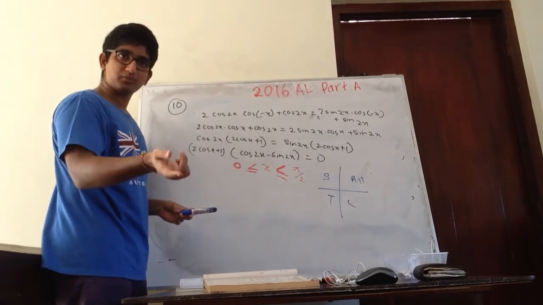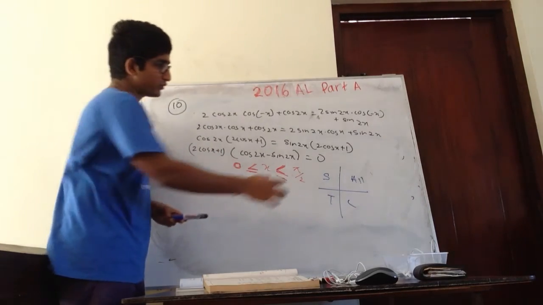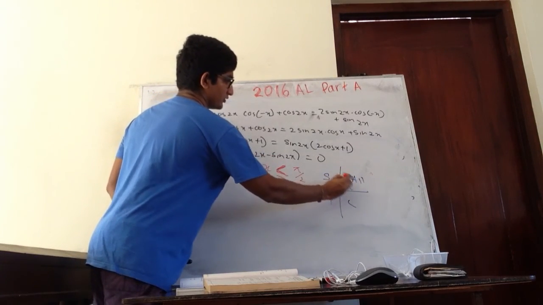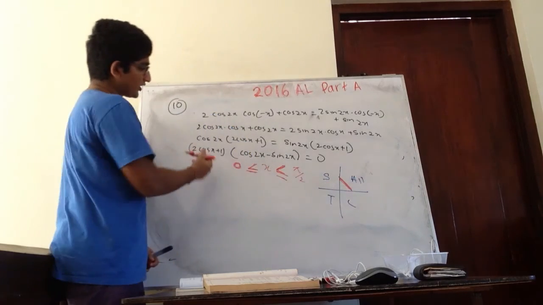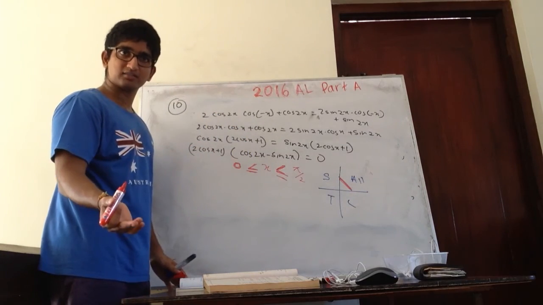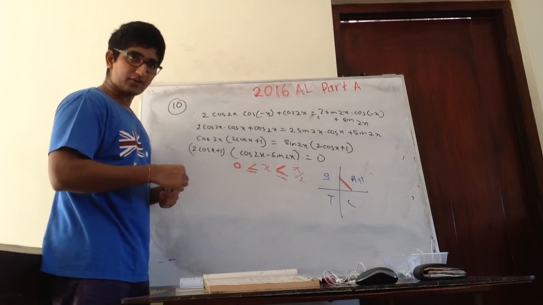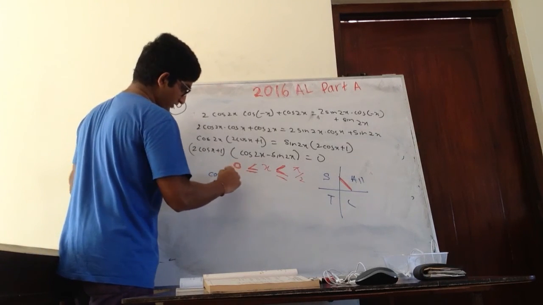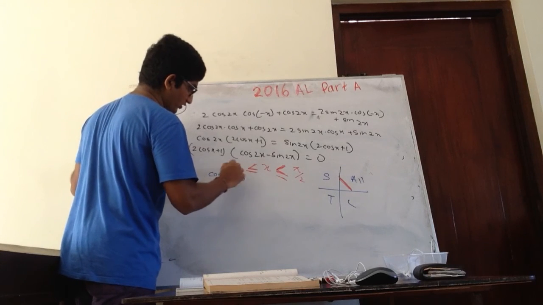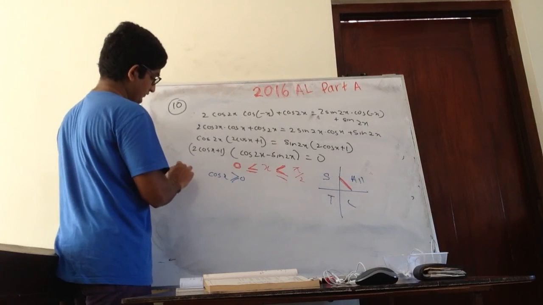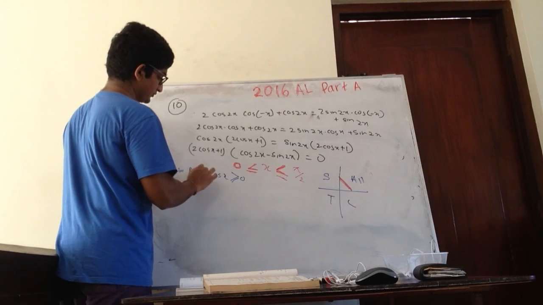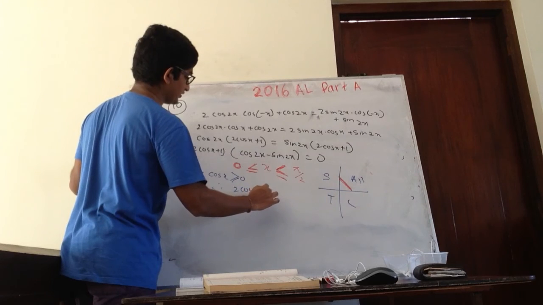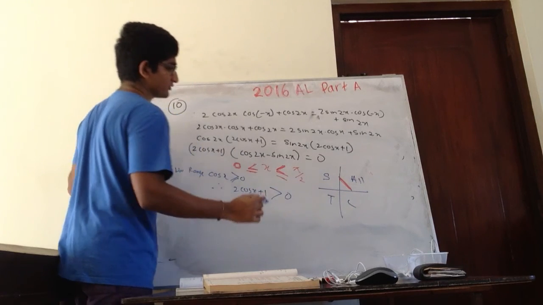Because cos x does not become minus 1 in this range. Therefore cos x will be greater than or equal to 0 in the range, so 2 cos x plus 1 will be greater than 0.